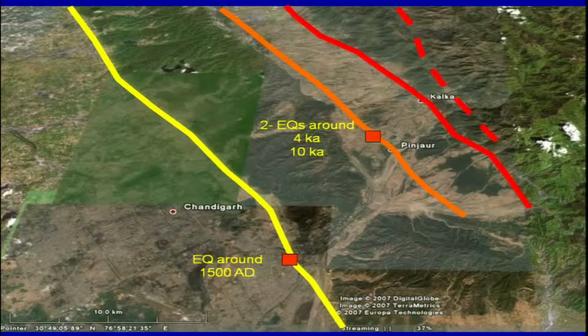Okay. And Pinjore fault or Pinjore Garden fault, I will come to that. Then another interesting story here. Okay, it triggered 2 earthquakes in the last 10,000 years. Okay, one was around 4,000 years and one around 10,000 years.